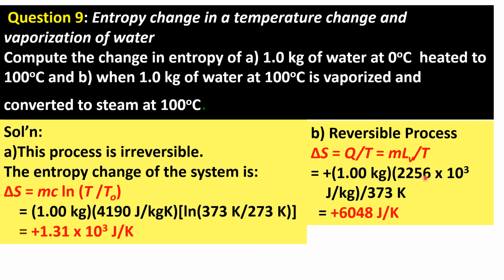Then, after multiplying this, we will divide it by 373 Kelvin, which is the temperature equivalent to 100 degrees Celsius. So we get the delta S of the system, which is water, amounting to positive 6,048 joules per Kelvin. This is the change in entropy, a positive change in entropy.